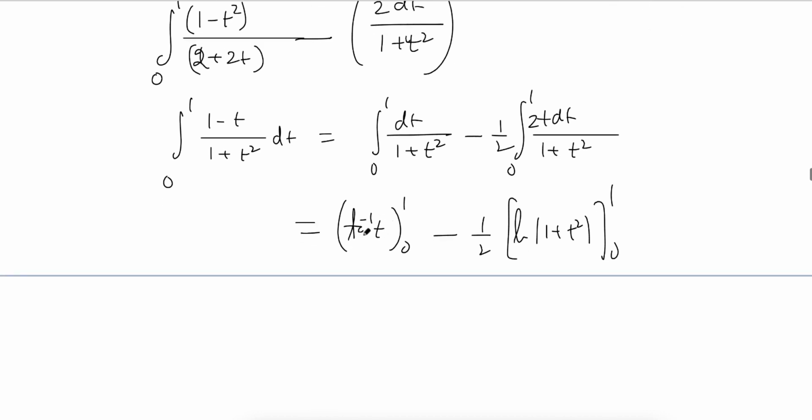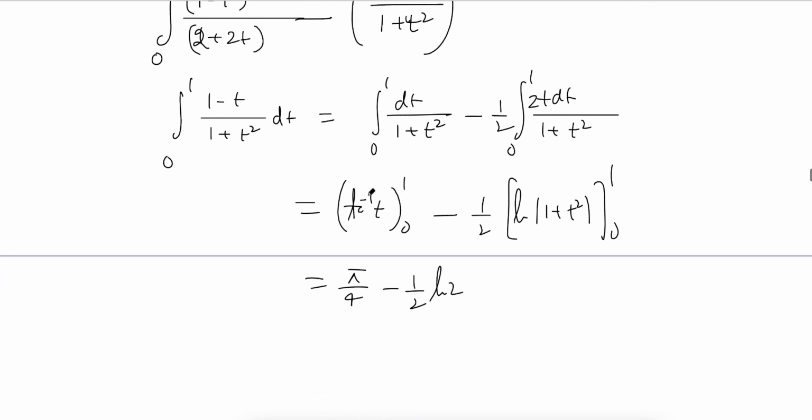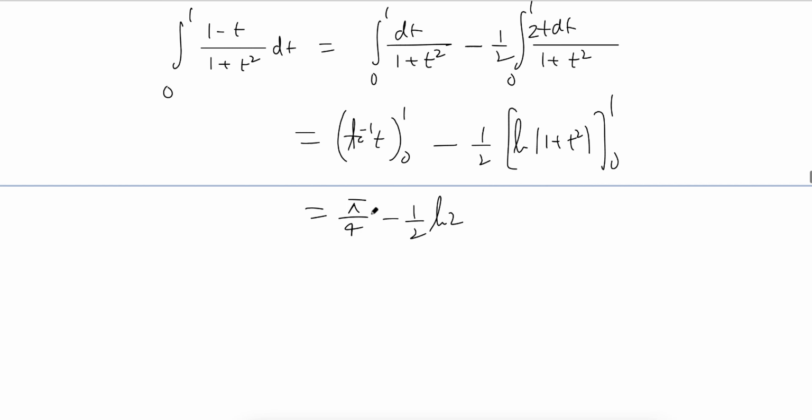Put the limits there. Tan inverse 1 is pi by 4, tan inverse 0 is 0. So pi by 4 simply, minus 1 by 2, 1 I am putting, ln 2, 0 I will put, so ln 1 is 0. So this will be the answer. I am sure it's clear to everybody. So you can see this question, basically no property of definite integrals is applied, it is purely done by indefinite integration, and that kind of situation can come.